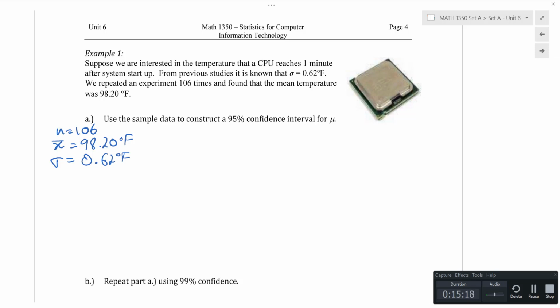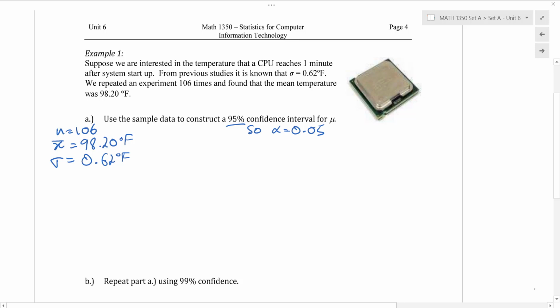We are tasked to use the sample data to try and construct a 95% confidence interval for mu. So we're using our sample to try and tell us something about the whole population mean mu. That gives us an alpha of 0.05.